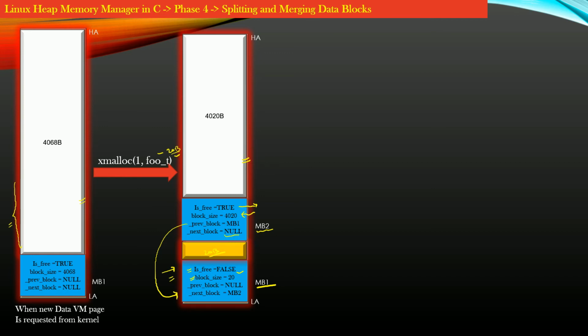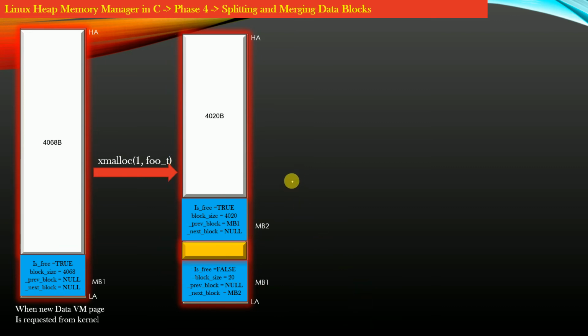So if you analyze this process, in order to satisfy the malloc request of the application, the free data block of size 4068 bytes is split up into a data block which is used for memory allocation to the application, and the remaining portion is still available for memory allocation, right? We need to create one more meta block MB2 in order to store the meta information of the free data block of size 4020 bytes.